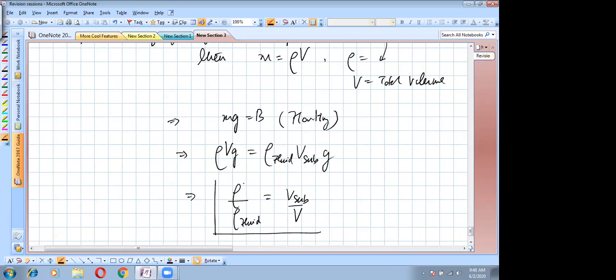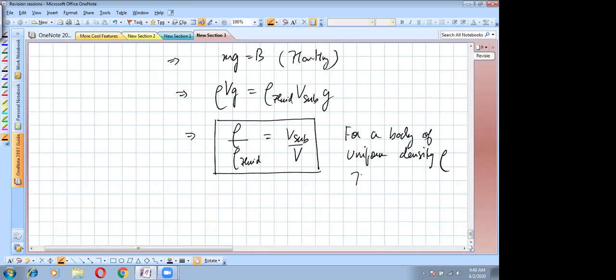But remember, this equation is valid only when the body is of uniform density. So for a body of uniform density, rho, floating in a fluid which is of density, as you know, this can also be called relative density, the relative density of the body with respect to the fluid.